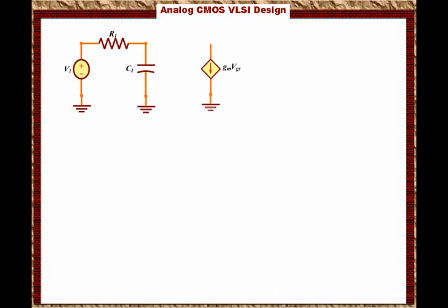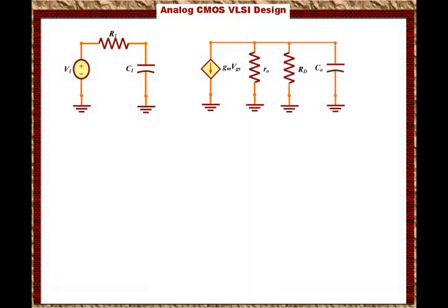Then the equivalent circuit will look like this. I have V1 connected in series with R1 connected in series with CI, and then I have gmVGS connected in parallel with RO, connected in parallel with RD, connected in parallel with CO.